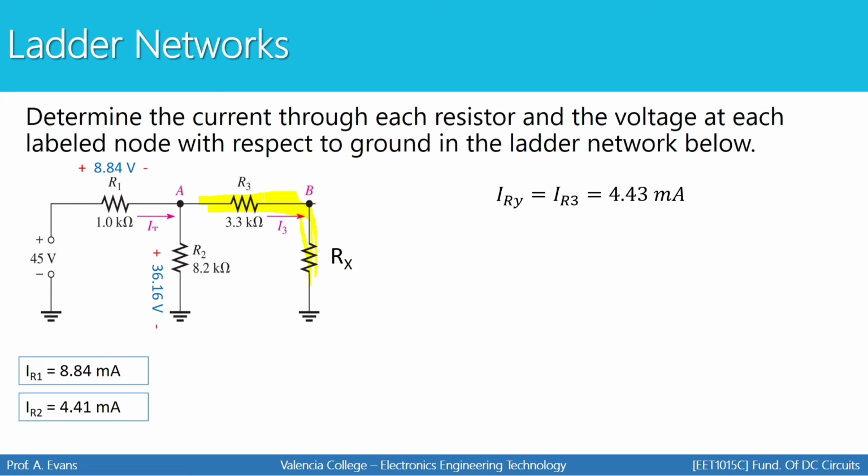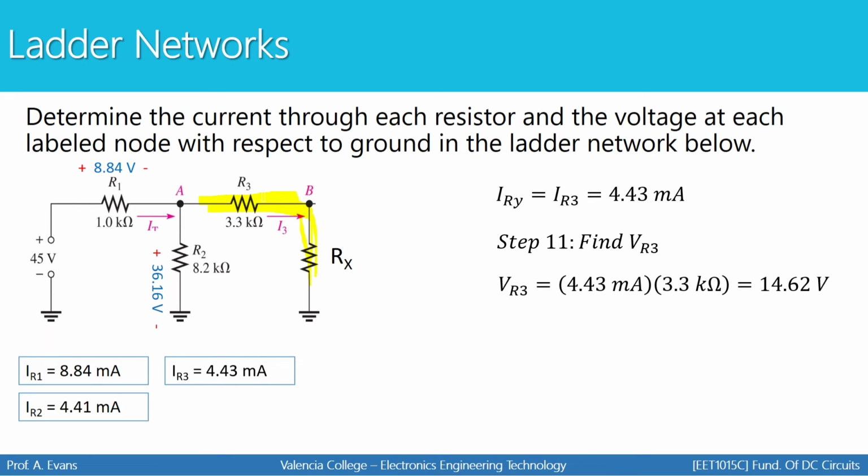The current through RY has to be the current through R3, which means I can also find the voltage for R3. Notice again, I'm adding the voltages with polarity to my diagram as I go along.